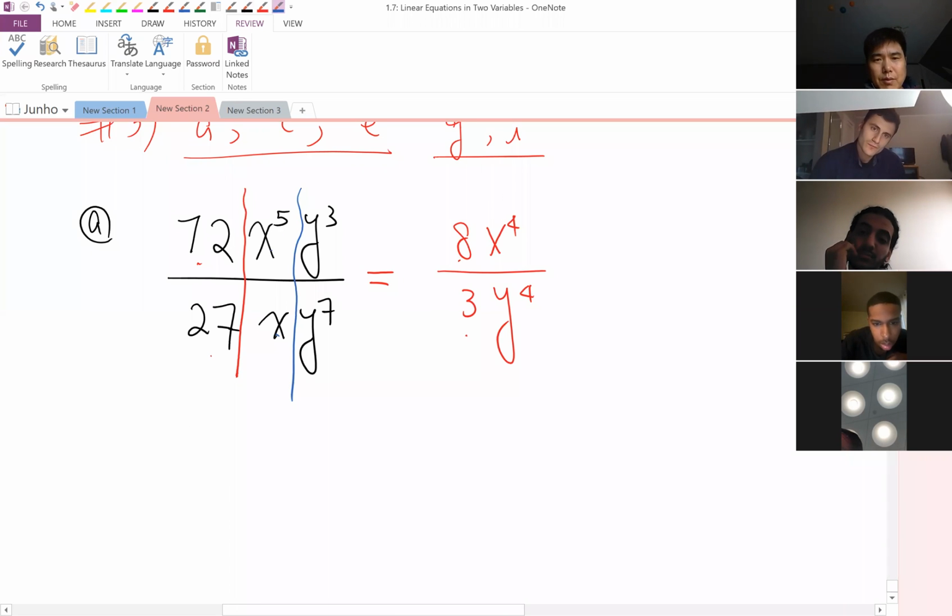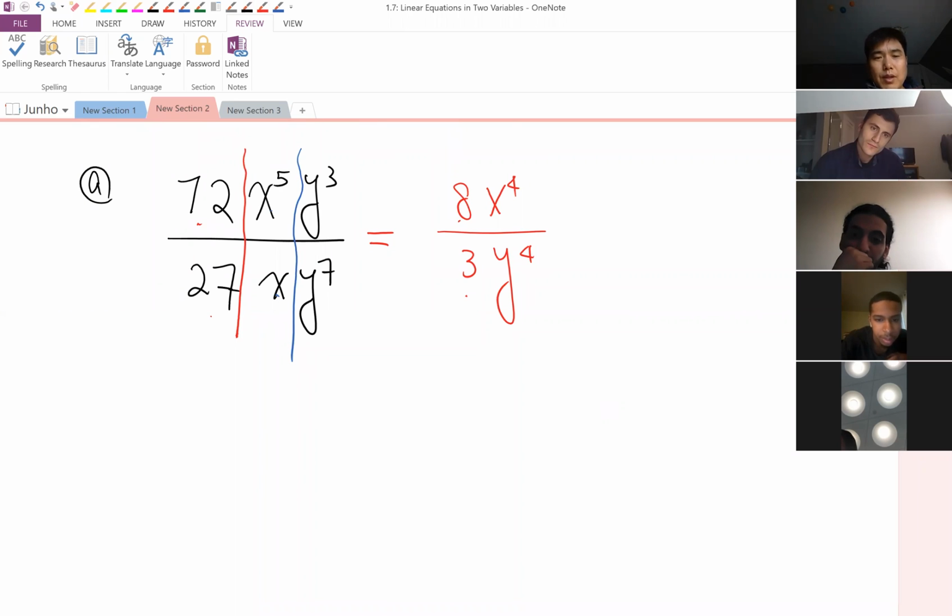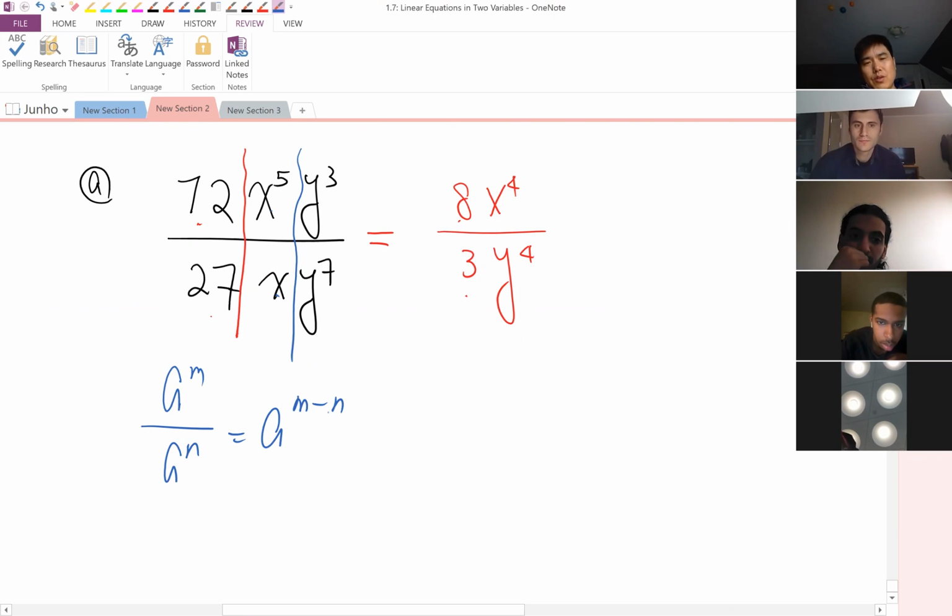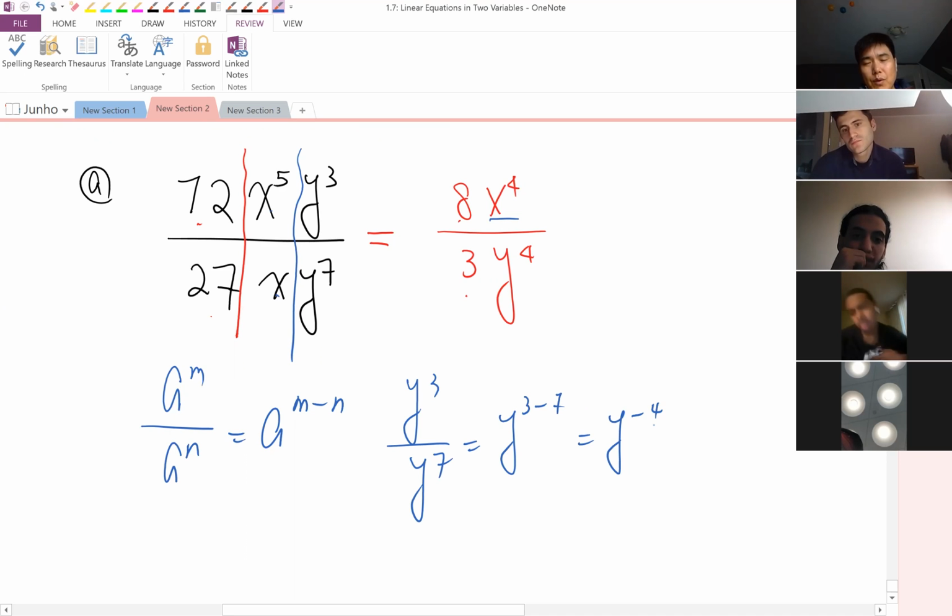We know a to the m over a to the n equals a to the m minus n. Then you can see 5 minus 1 becomes 4, right? The last one, y cubed over y to the seventh, means y to the 3 minus 7, so it becomes y to the negative 4. That's why he put 1 over y to the fourth.